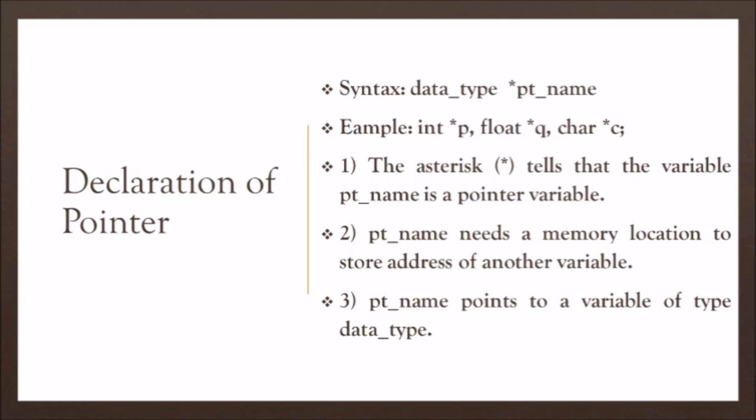A pointer name needs a memory location to store the address of another variable, and a pointer name points to a variable of the given data type. Like if the data type is integer, then it points to the address of integer variables. If the data type of the pointer variable is float, then it points to that variable whose data type is float.